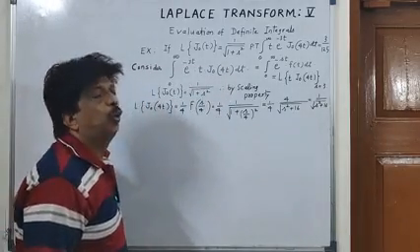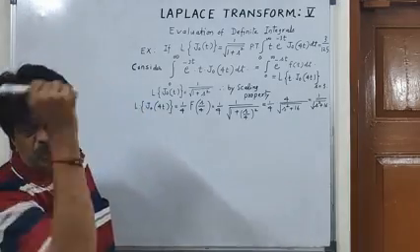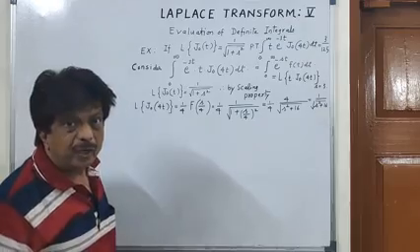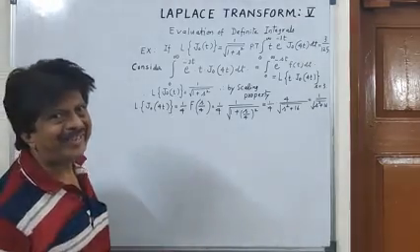Now, we want the Laplace transform of t into J0 of 4t. So here I would use the multiplication by t property.